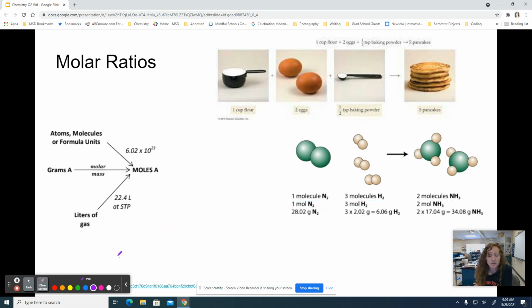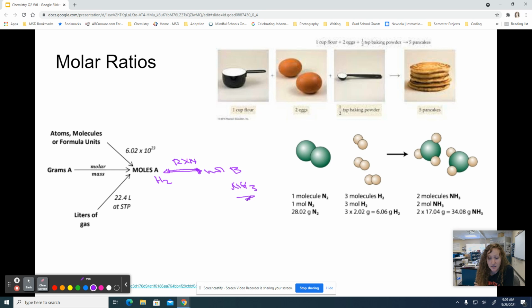So this mole to mole ratio becomes very useful. Notice it gives us a bridge here between moles of A, which in that last example was hydrogen, to moles of B, which in that last example was NH3. And now that conversion factor comes from a balanced reaction.